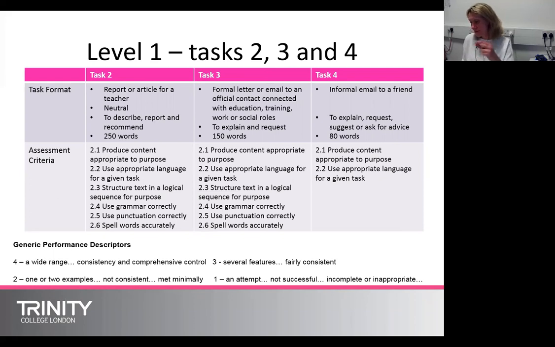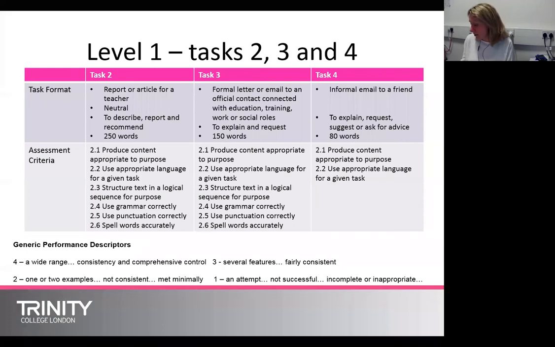So you've got different parts of this task. There is some describe, there is some more information, so agree, disagree, and suggest ways of making it easier for people to improve their fitness. So there is quite a lot the candidate has to do in this article.